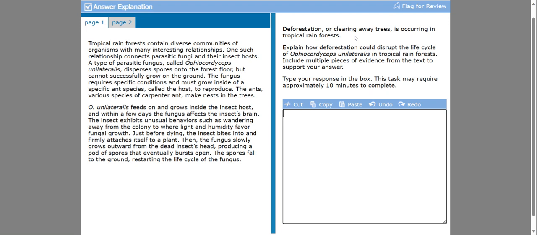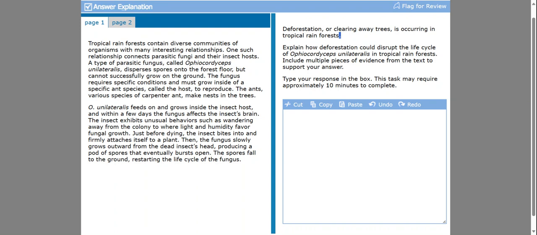The question begins with deforestation or clearing away trees is occurring in tropical rainforests. If you're not sure what deforestation means, you do not have to be, because the definition is given to you right after that. Deforestation means clearing away trees, and that is what is called a context clue.